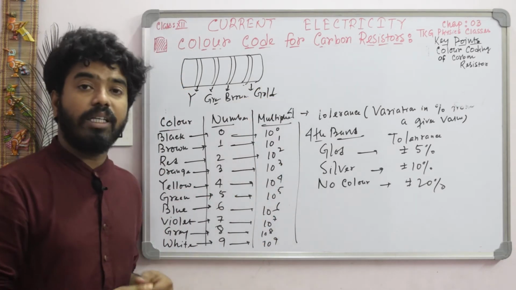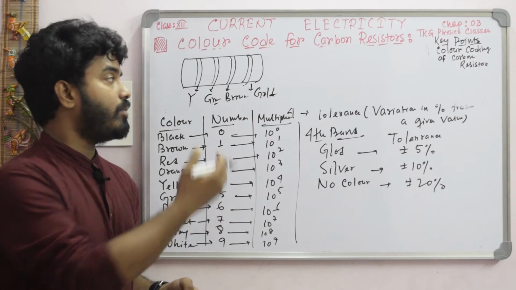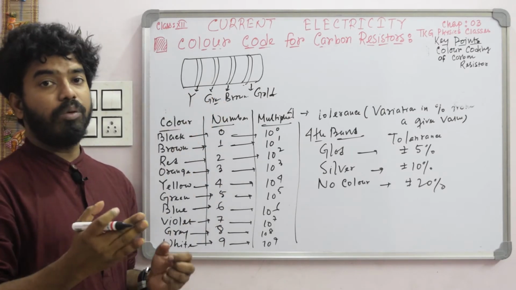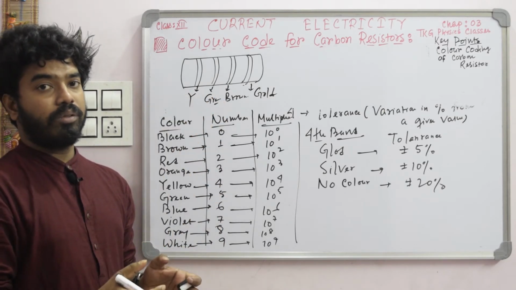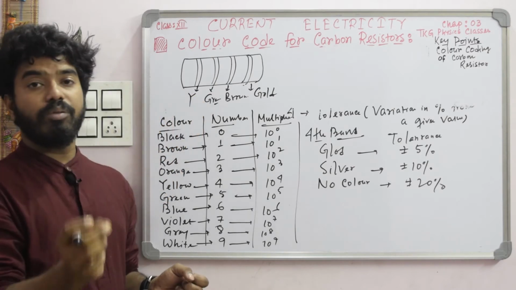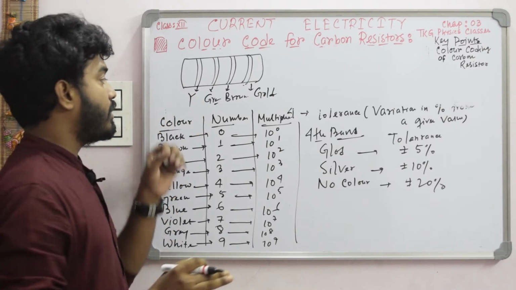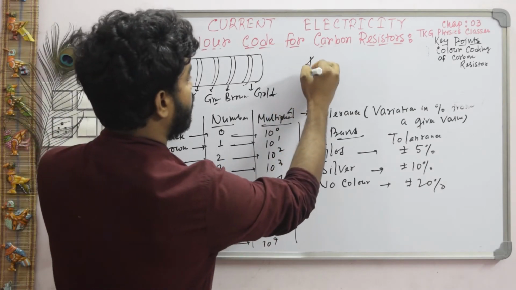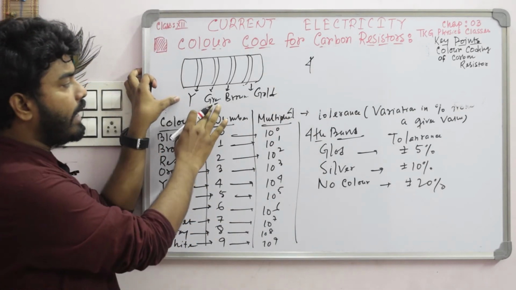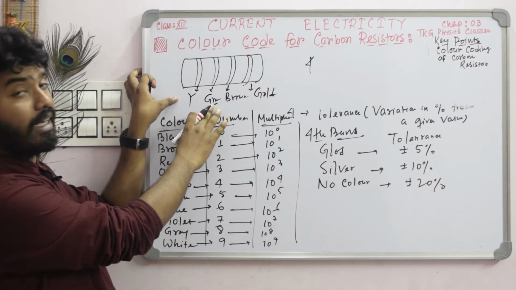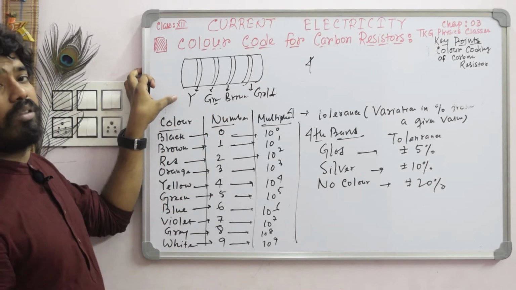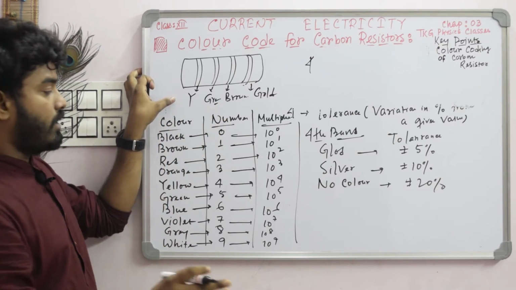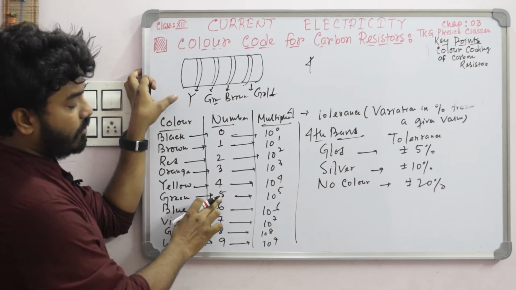Now you have to find out the resistance value using this color code, and you know the formula, you know the rules. For the first band you have to use number. You just check the first band yellow, for yellow the number is 4. So first one is 4. Now for the second that is given green. For the second band you also have to use number. Green, that is number 5.